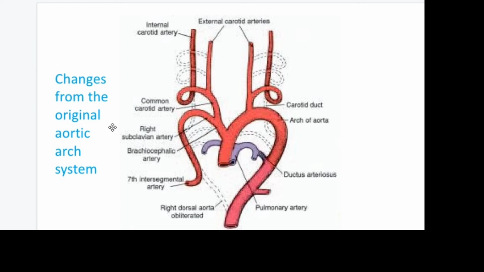The fifth gets obliterated, and the sixth gives the right pulmonary and the left pulmonary. In the left pulmonary, the distal part forms the ductus arteriosus, which has its connection with the left dorsal aorta. On the right side, the distal part degenerates.